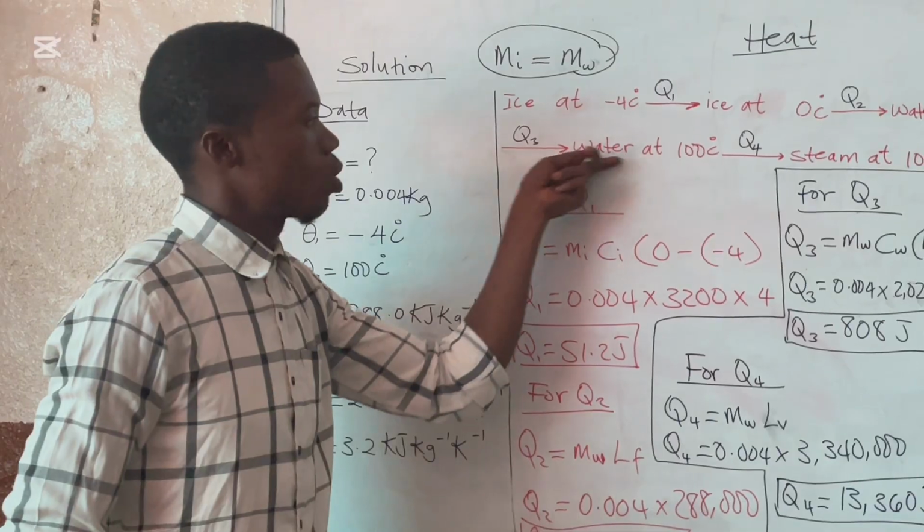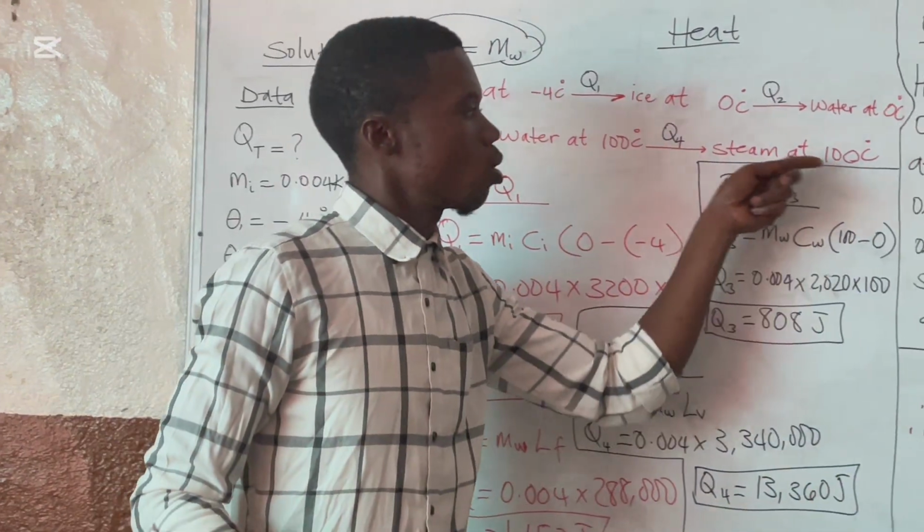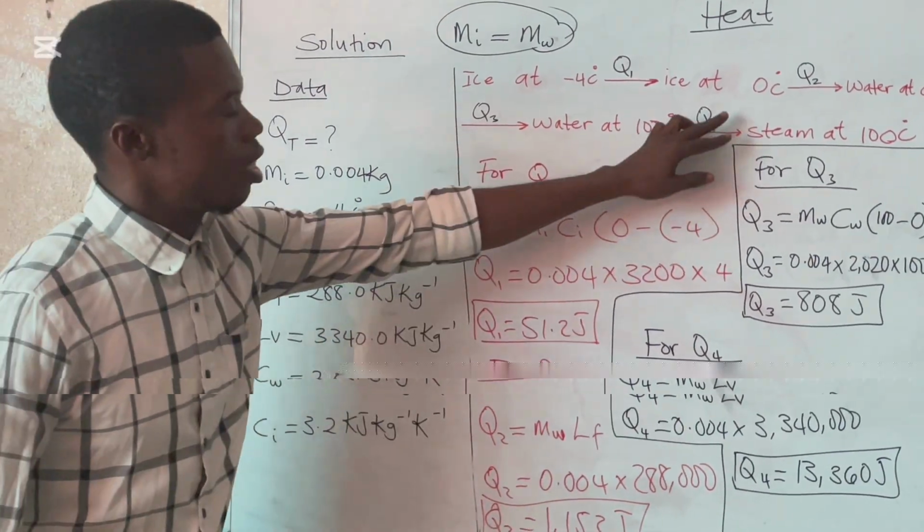Now we look at Q4. From this point, water at 100 degrees Celsius to steam at 100 degrees Celsius. So the latent heat involved here is the latent heat of vaporization. Remember, temperature is the same here, so temperature is not altered. Now Q4 equals the mass of the water times the specific latent heat of vaporization.